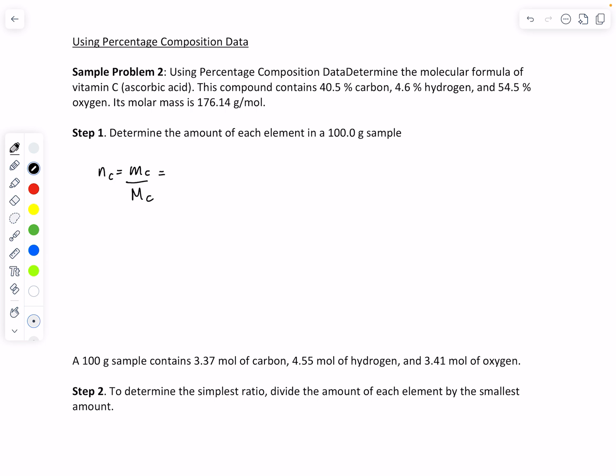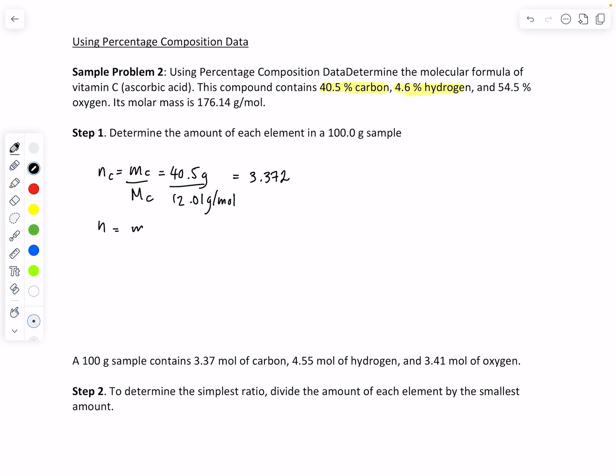In a 100 gram sample, 40.5% carbon would be 40.5 grams of carbon divided by the molar mass of carbon, 12.01 grams per mole. And we end up with 3.372 moles of carbon.